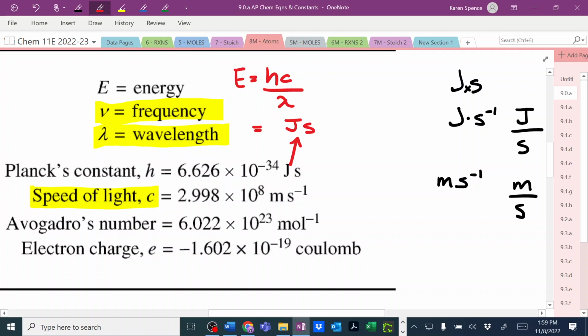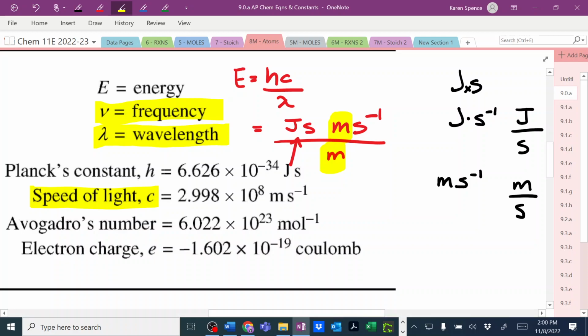You multiply it by the speed of light, which is meters per second, and then you divide it by your wavelength, which would have to be in meters. It can't be in nanometers because then your units wouldn't cancel, because you've got meters and you need to have meters.